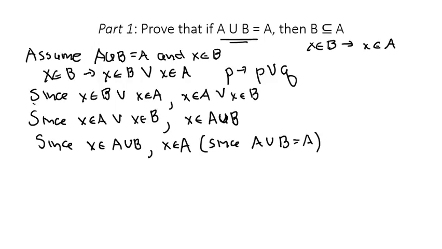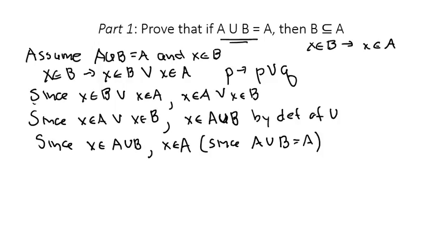All right, so what have we shown? We've shown that if X is in B, then X is in B or A, which means X is in A or B, and this is by the definition of union.